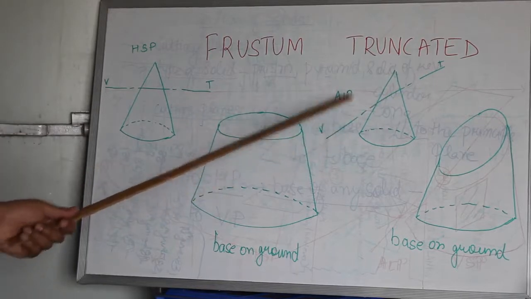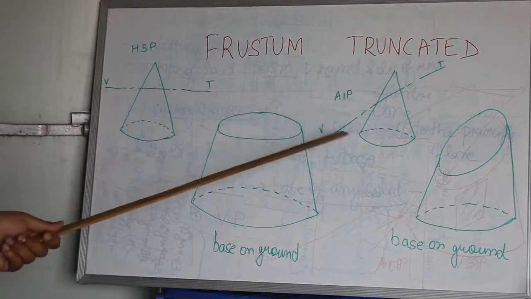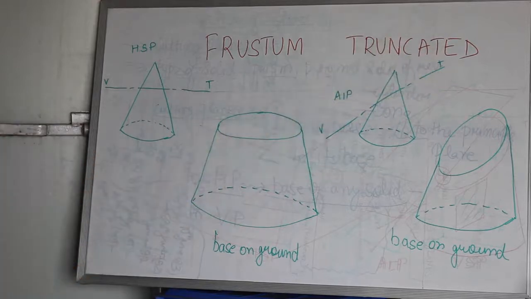This cutting plane is an AIP and it is shown with the help of a cutting line, which is the vertical trace of the cutting plane.